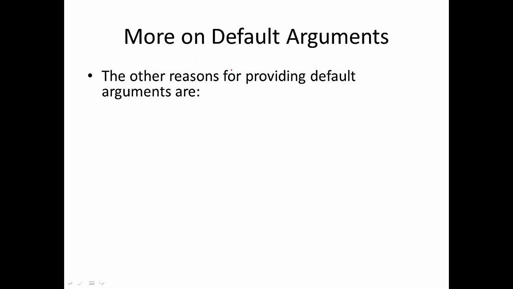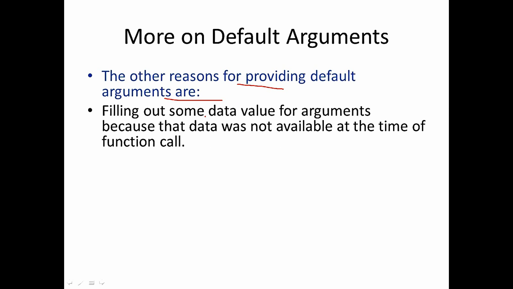There are other reasons for providing default arguments, and those reasons are as follows. We may also want to fill out some data value for arguments because data was not available at the time of the method call. Database technology is very fortunate in that when some data are not available, it fills out a null value for that. You could do that for all data except the primary key.